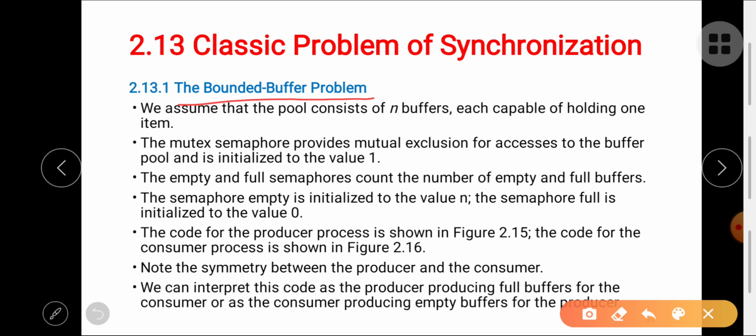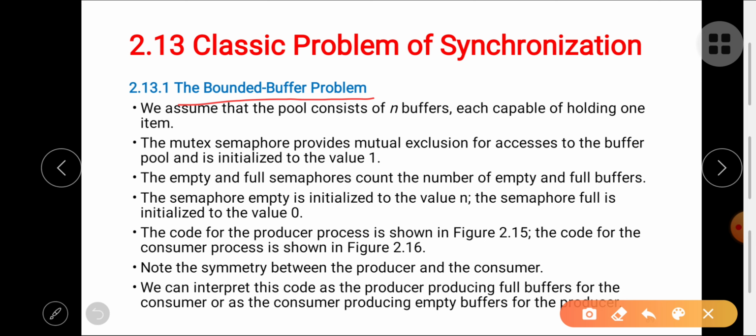Once the cash is completely withdrawn and the ATM machine becomes empty, then bank employees will come and put the cash in that ATM. So here the bank employees are nothing but producers, and the public who is withdrawing the cash is a consumer.